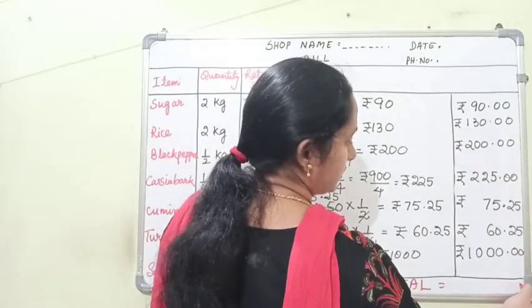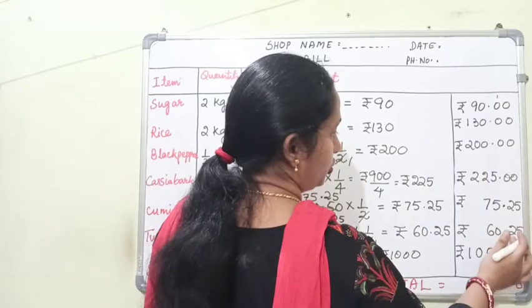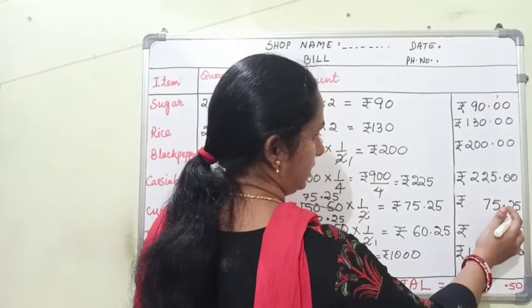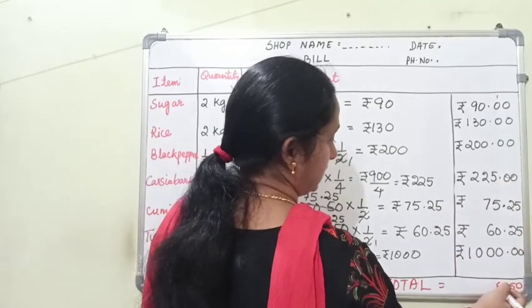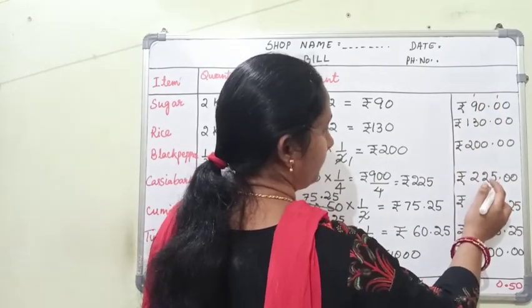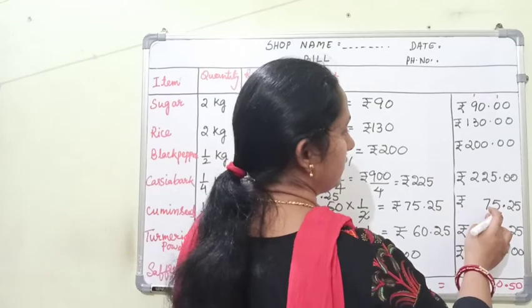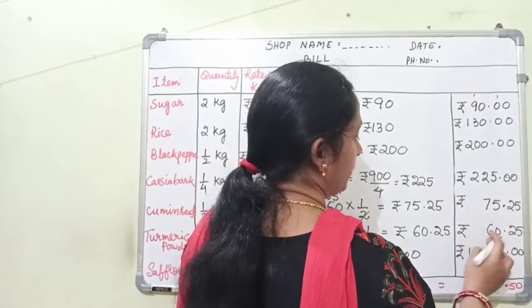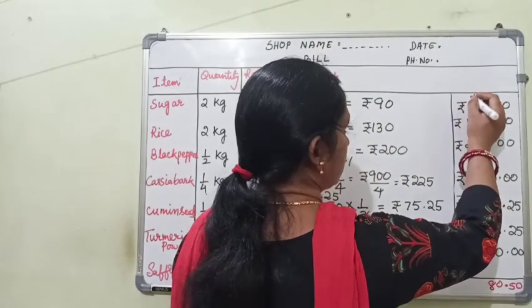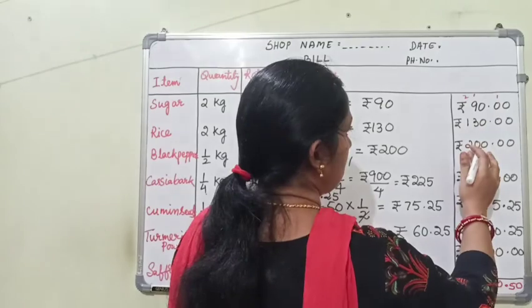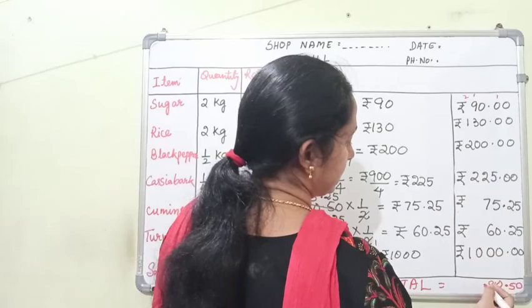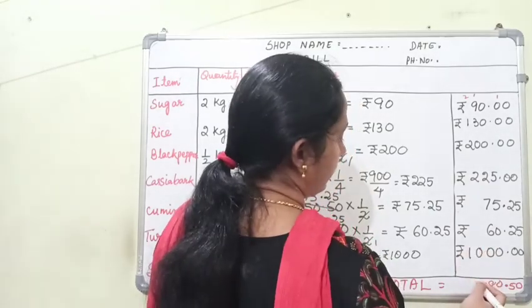So 5, 5, 0, 10 and 1 carry, 2, 2, 4 plus 1, 5 and a point. Now start adding here: 5 plus 5, 10, 0 and 1 carry, 9 plus 1, 10, 3, 13, 13, 2, 15, 15, 7, 22, 22, 6, 28, 8 and again 2 carry, 8 again 2 carry, 2 plus 1, 3, 3, 2, 5, 5, 2, 7, that's it, 7 and here you have a 1.